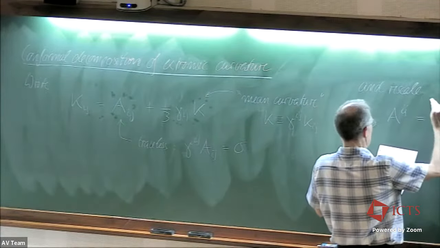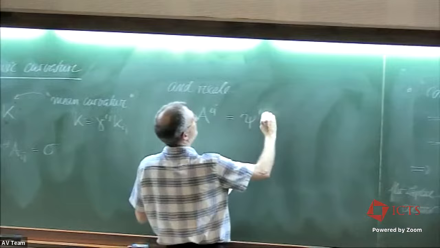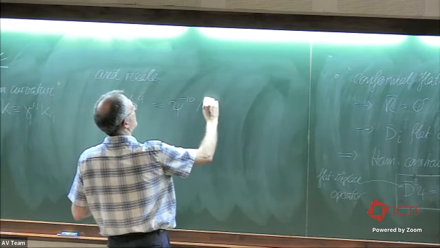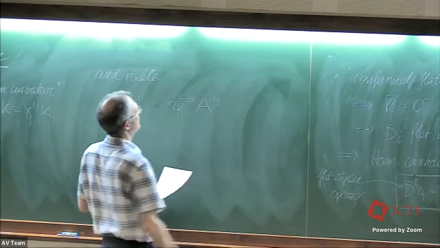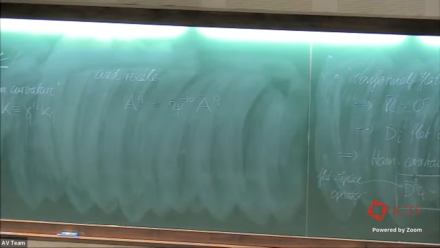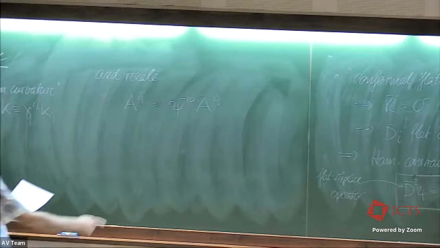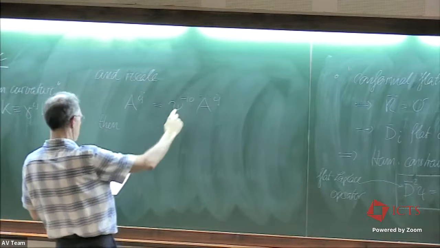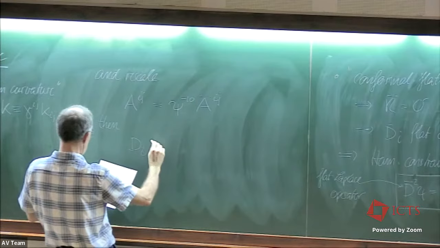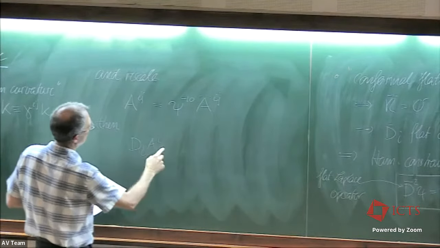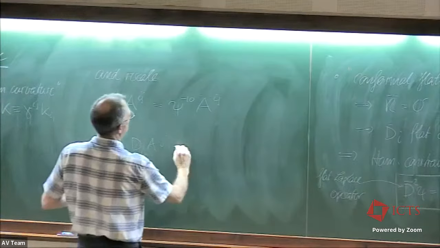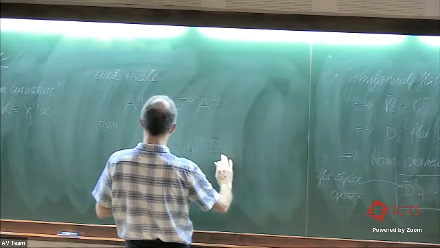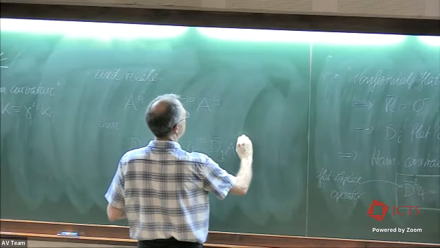Okay? And basically what I will propose is that we write A^ij as psi to the minus 10 times a new covariant, conformally rescaled version of A^ij, which I call A-bar^ij. Okay. Why this minus 10? Because it turns out precisely for this power being minus 10, you can show that the divergence of A^ij will be psi to the minus 10 times the conformally related divergence of A-bar^ij.